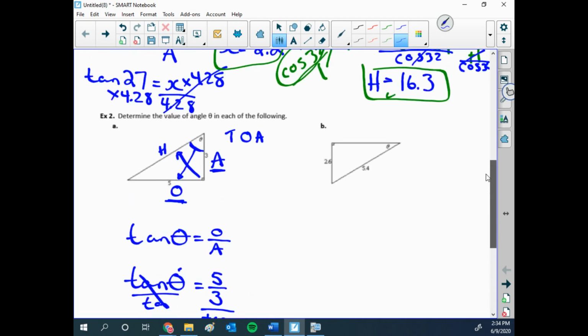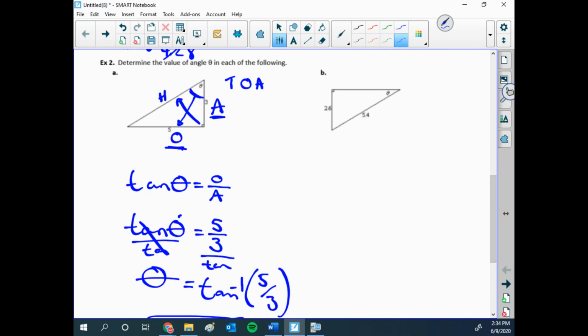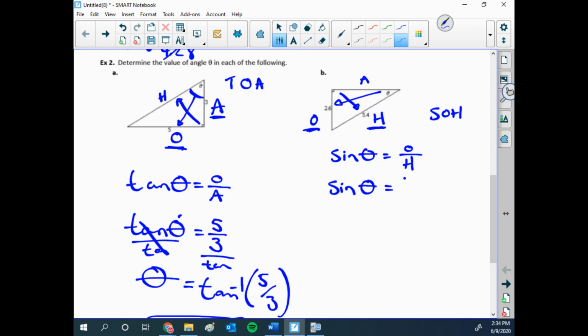Okay. And maybe you want to pause the video, try B by yourself, see what you remember. What you want to do is label your triangle. So H, this is the angle of interest, so that's O and A. And what sides do I have information on? I have O and H. So I'm going to use SOH. So that's sine theta equals O over H. So sine theta equals O, which is 2.6, over H, which is 5.4.